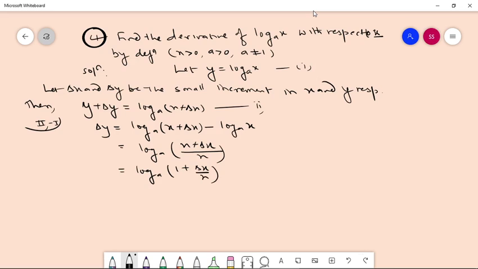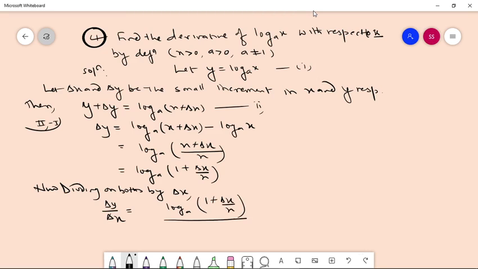Now dividing both sides by del x, del y by del x equals log base a of (1 plus del x by x) whole by del x.